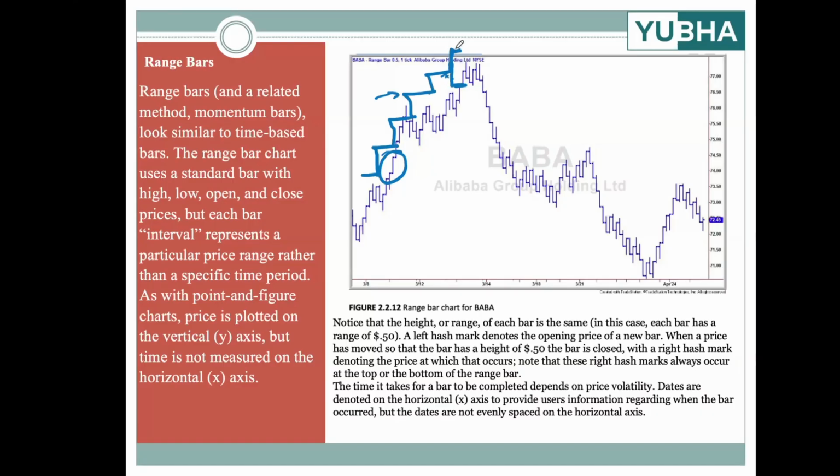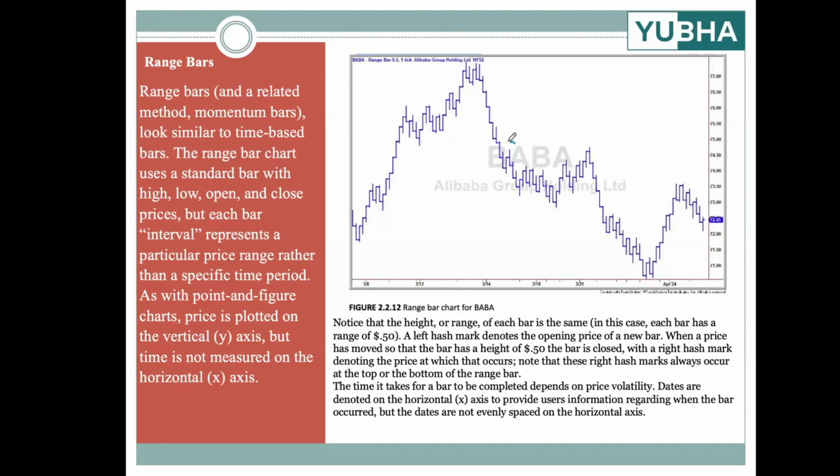Over here, a new bar has not been formed because it has not crossed the $5 limit. It has only gone up $3, and then it has gone down and closed over here, gone down $5, closed here, gone down by $3, probably come up $5 over here, and that's how this particular bar is formed.